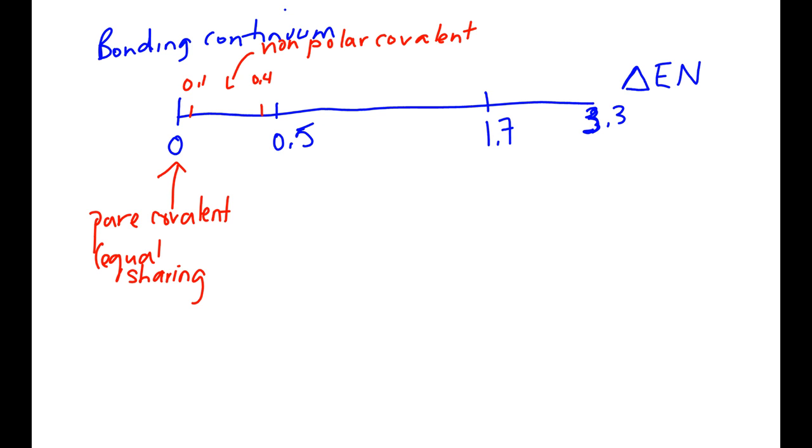If you are 0.5 to 1.7, you are considered to be a polar covalent bond, meaning there's an unequal sharing of electrons.